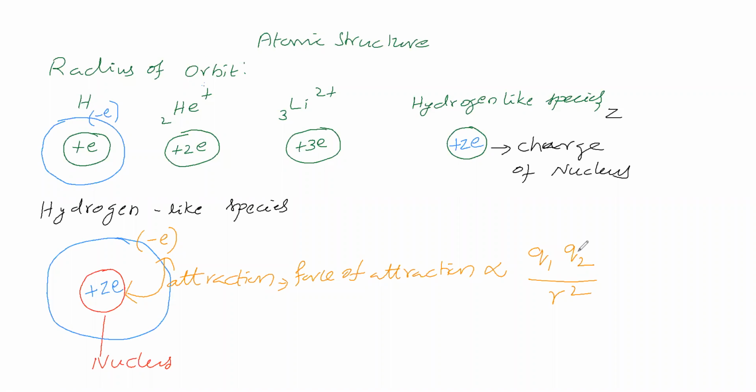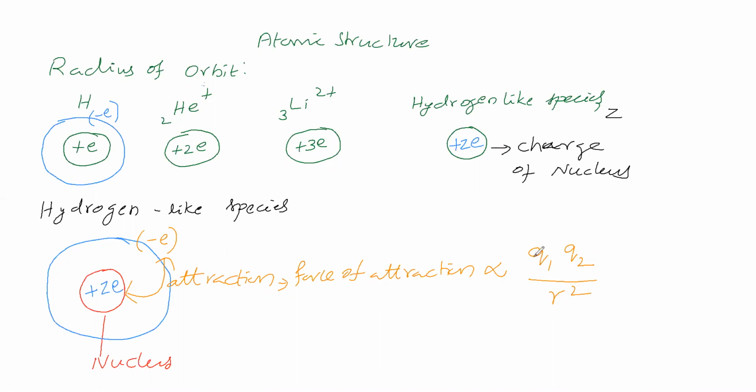Q2 is called charge of another body. R is called distance between this body and this body. That means distance means center of this body to center of this body. That is called distance. Distance is square. It is force of attraction.